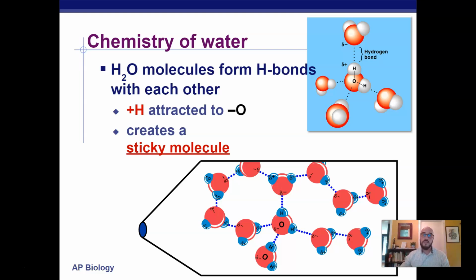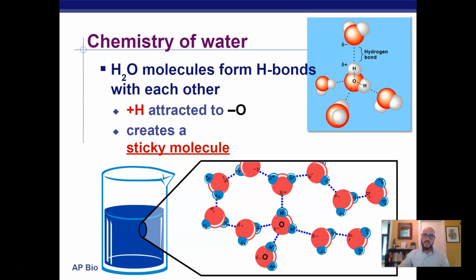All right, and that's going to give us a very polar molecule. Polarity means, just like a magnet, one side is going to be positively charged, one side is going to be negatively charged. So if we look at water, that gives us something really cool.